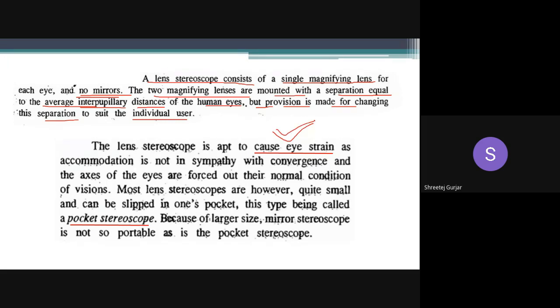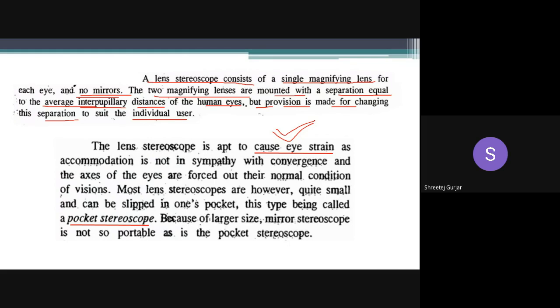You will feel your eyes start to pain after you view for a longer time through this lens stereoscope. So it is not very eye friendly. You will start straining your eyes soon, because it is not easy to view through the lens stereoscope.